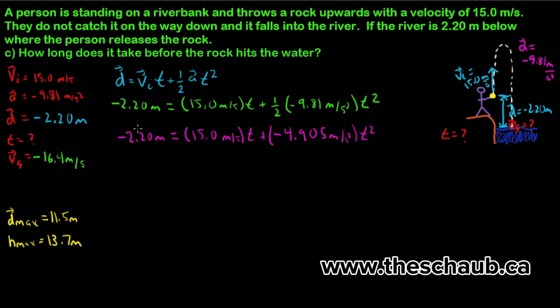To get this ready to use the quadratic formula, we want to set it equal to 0. So to get this 2.2 to the other side, we add 2.20 meters to both sides.